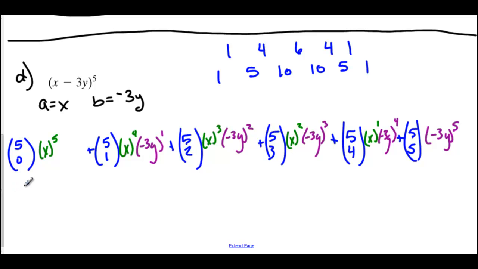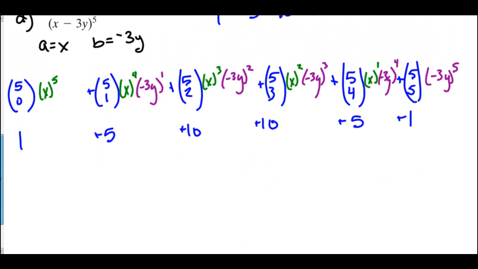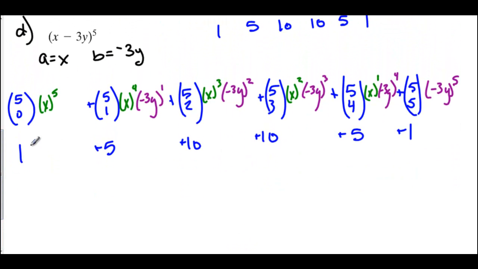So I'm going to have 1, 5, 10, 10, 5, 1. And x to the 5th, x to the 4th, x cubed, x squared, x.